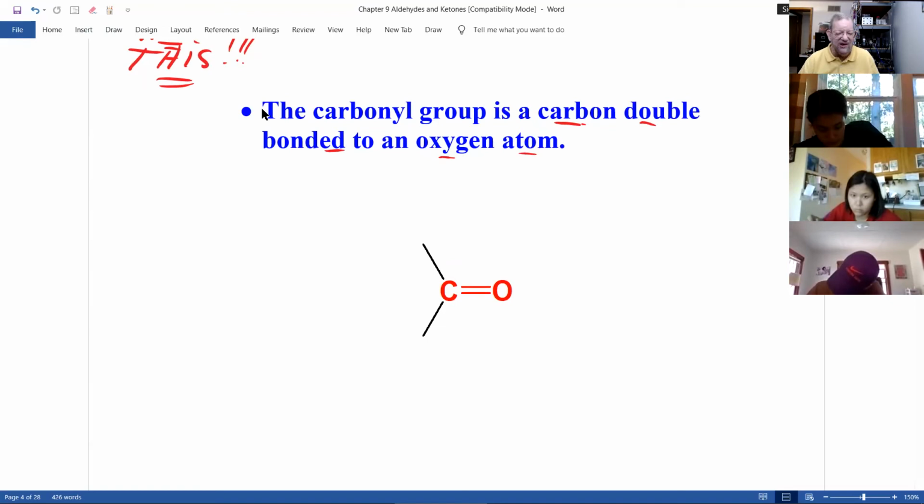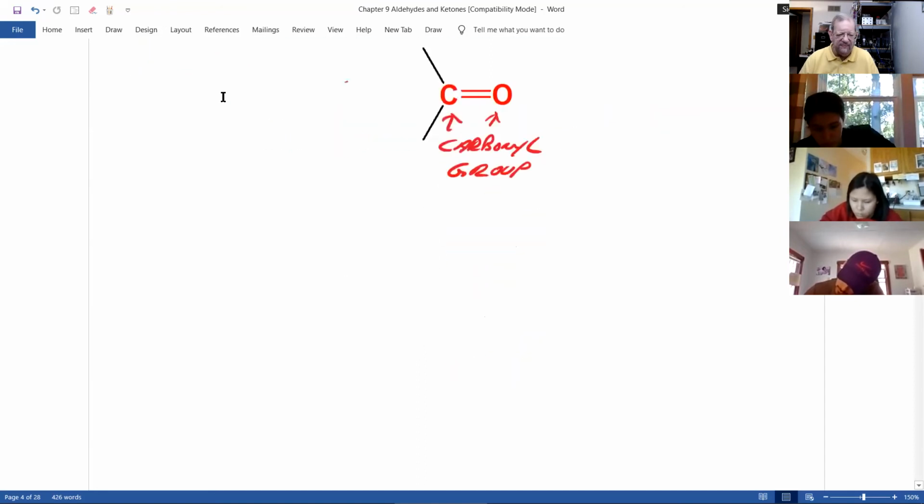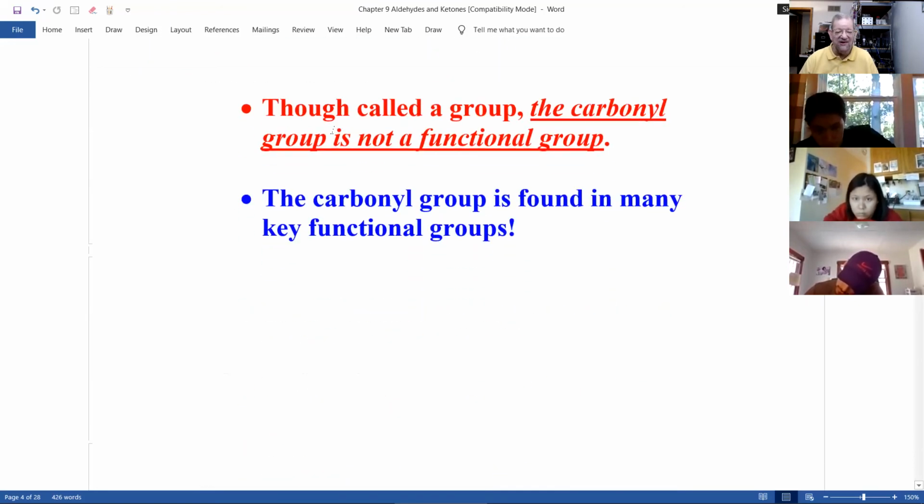And both ketones and aldehydes have a carbonyl. That's the carbonyl group. It is not a functional group like an alcohol, ketone, aldehyde, double bond. It's found in many functional groups. Oh, look, I have it here. The carbonyl group is not a functional group, but is found in many key functional groups.